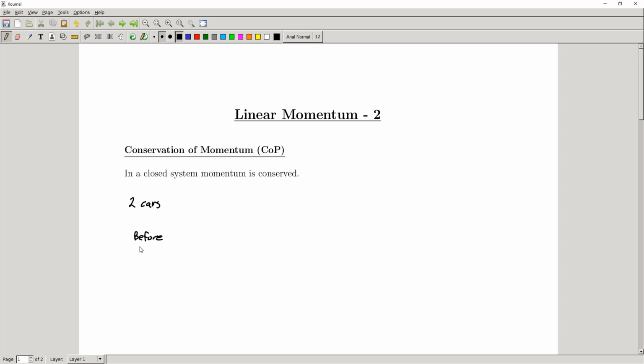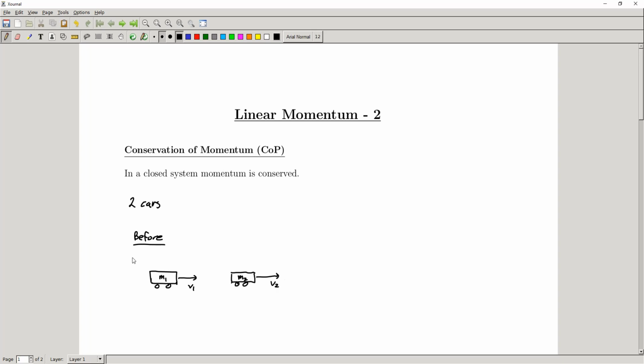Okay, so before, we're going to have some car 1 with a mass 1 and some velocity v1 driving in this direction. We're also going to have some car number 2 with mass 2 and velocity 2 driving in this direction.